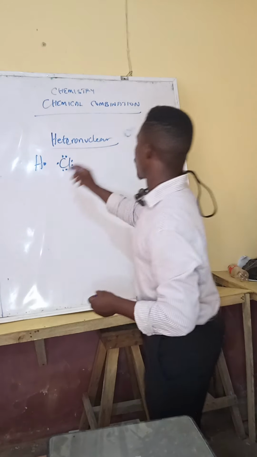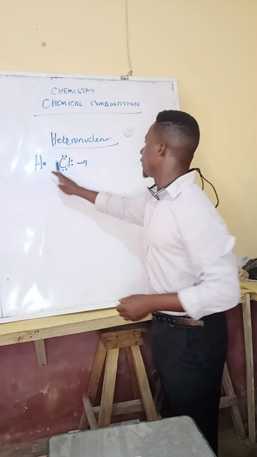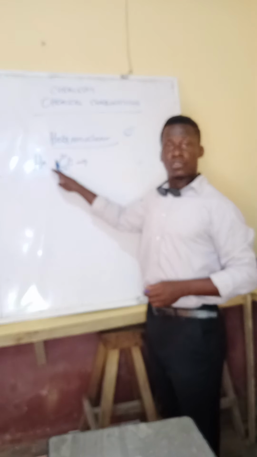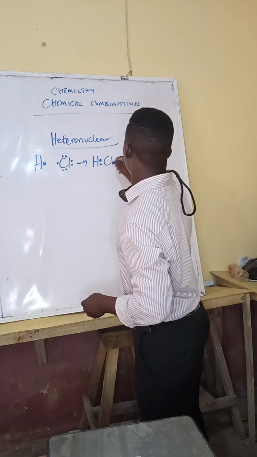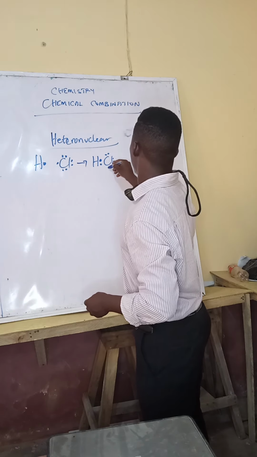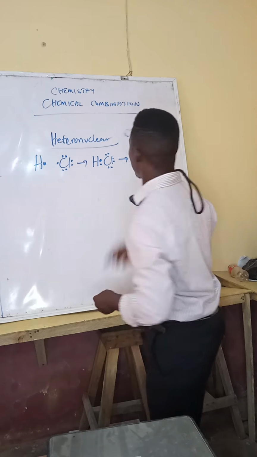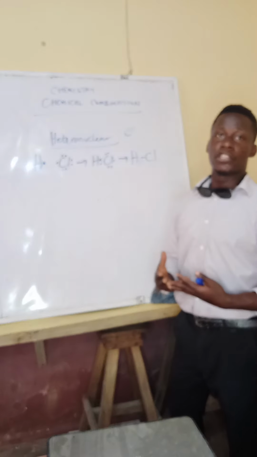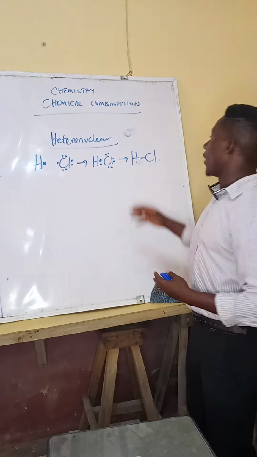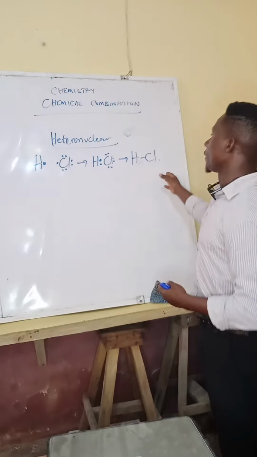In their combination, this one drops its electron for sharing, and this one also drops its electron for sharing. Finally you have HCl. So in a typical hydrogen chloride combination, you have a single bond joining them together, and we have shown it here.